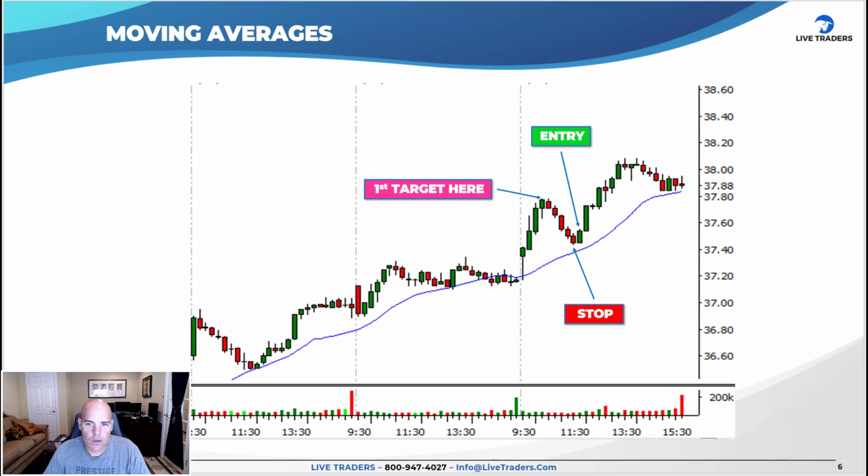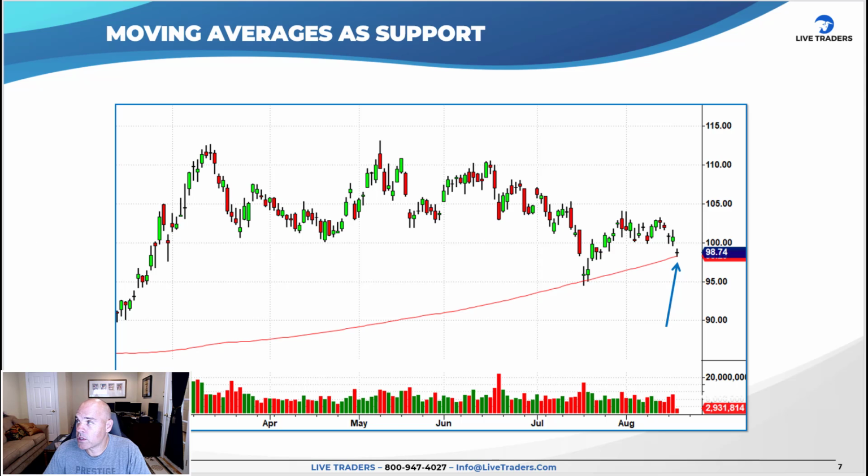Okay, now another area we talked about is moving averages as support or resistance. A lot of times, and you guys see this in the morning when we go over the gap list, we're looking at the daily chart, the 60-minute chart, and we're looking at 50 and 200 period moving averages. Well, the one you're looking at right here happens to be a 200 period moving average, okay?